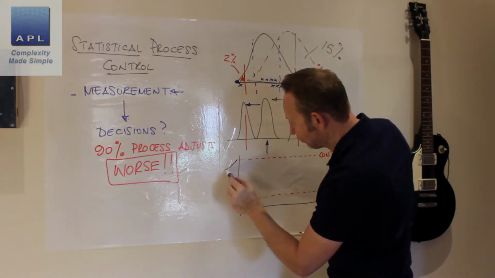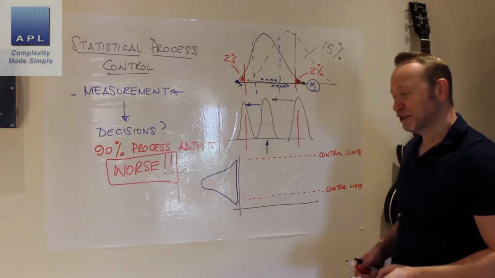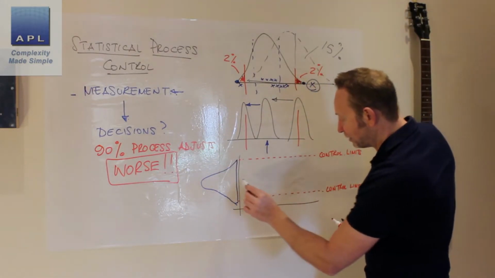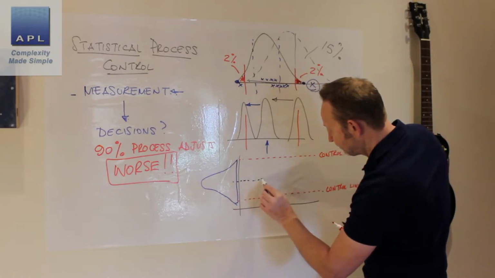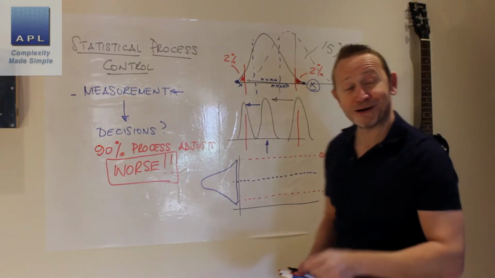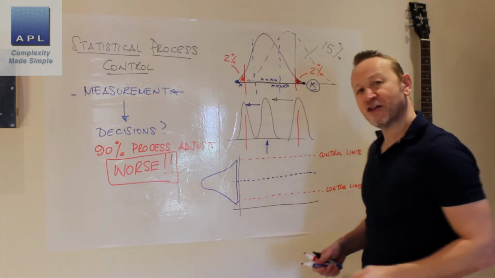So if I put this in sideways, that's what's being communicated to the operator. The distribution is being communicated via the upper and lower control limit, not spec limit, and the center line.